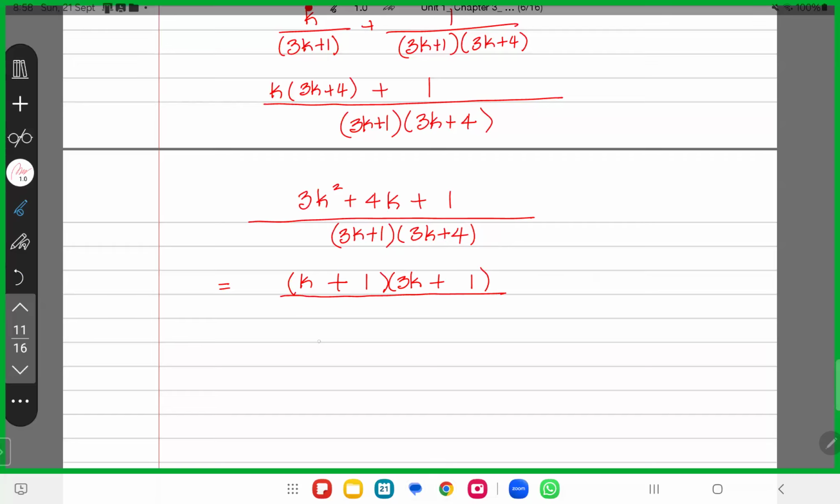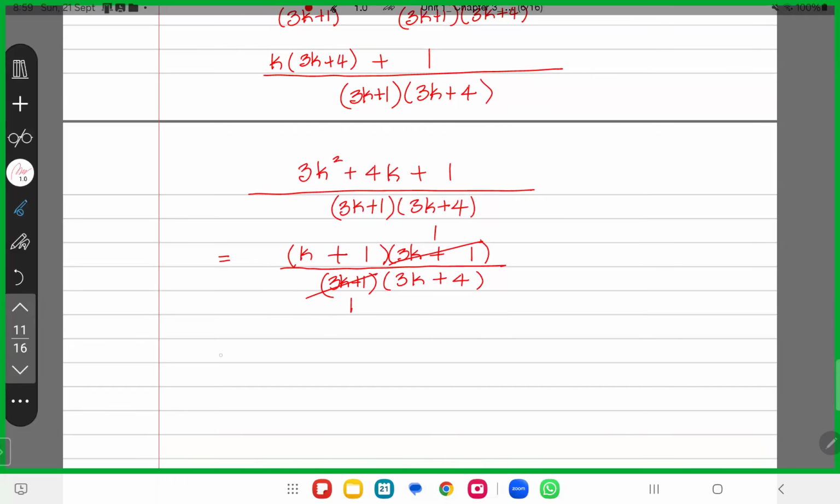And this is over 3k plus 1 multiplied by 3k plus 4. Now, if you look carefully, you'll notice that these two are common, so I can cancel them.